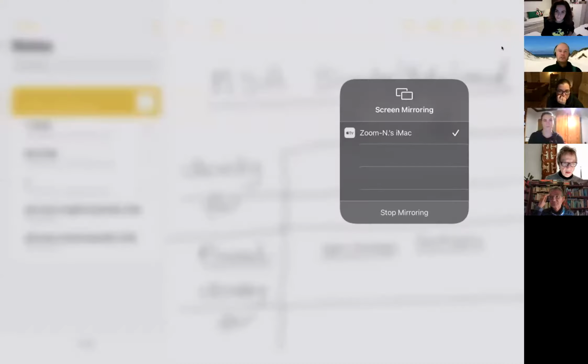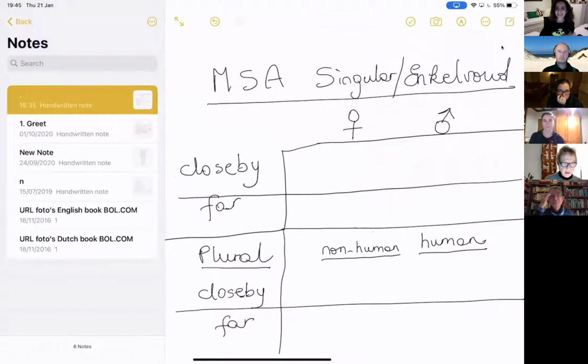And then screen mirroring. Yeah. Everyone can see it? Yeah. Let me clean up a bit my desktop. Too much going on.